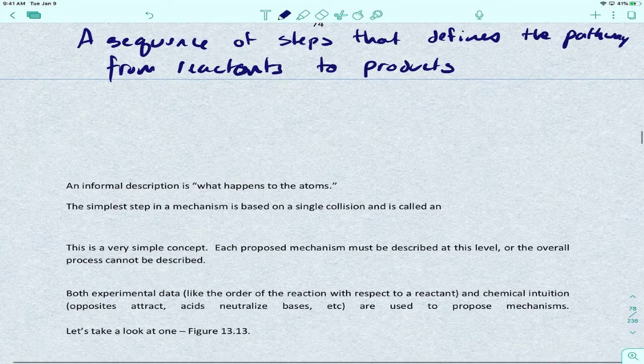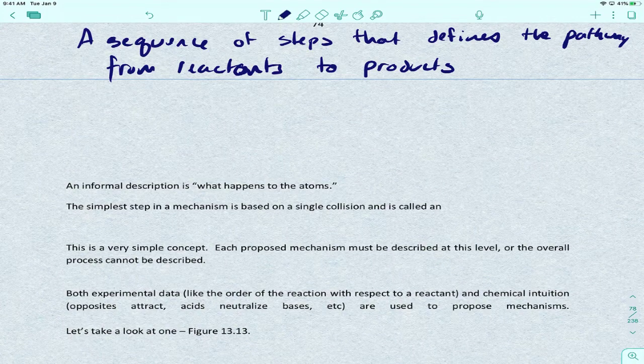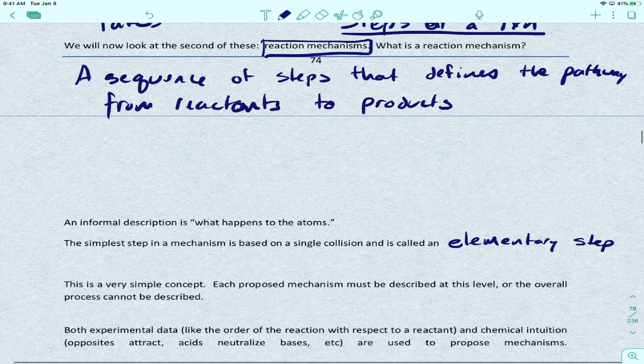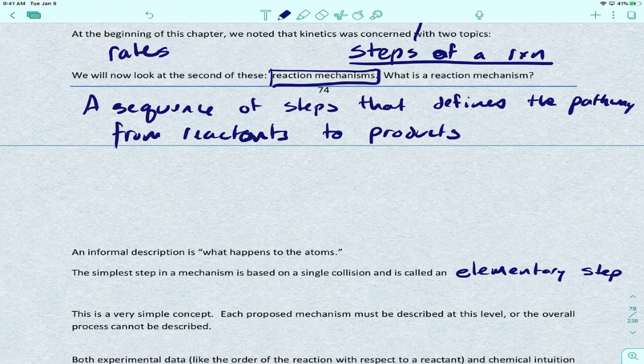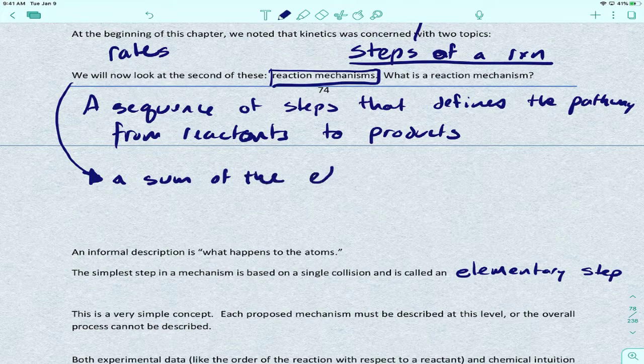The simplest step in a mechanism is based on a single collision, and we call that an elementary step. This is a really simple concept. Each proposed mechanism must be described at this level, or the overall process cannot be described. So if every single thing that happens is part of an elementary step, a mechanism is really a sum of the elementary steps.